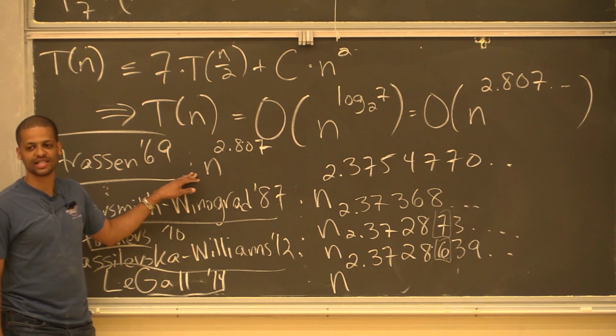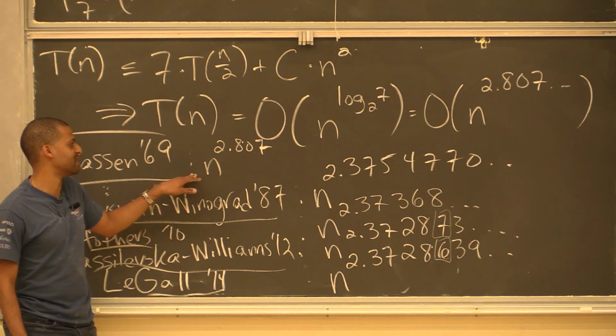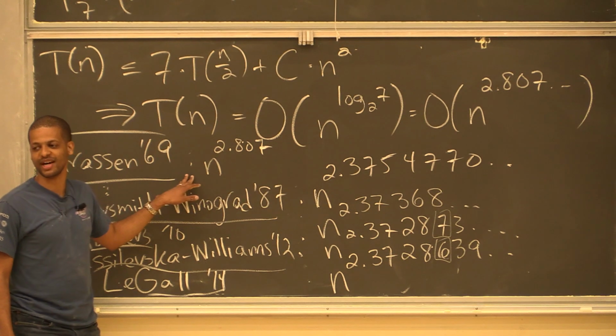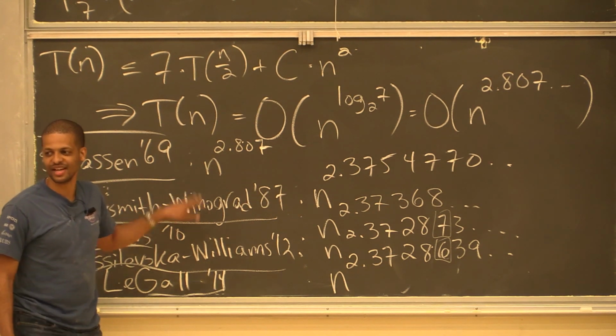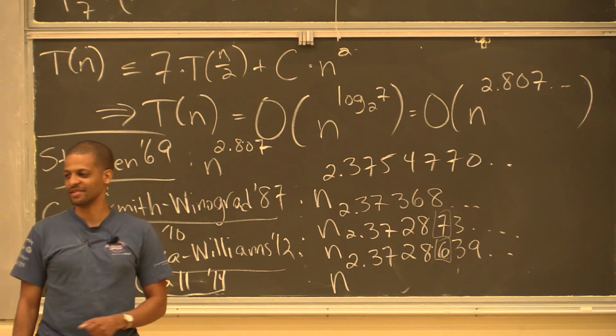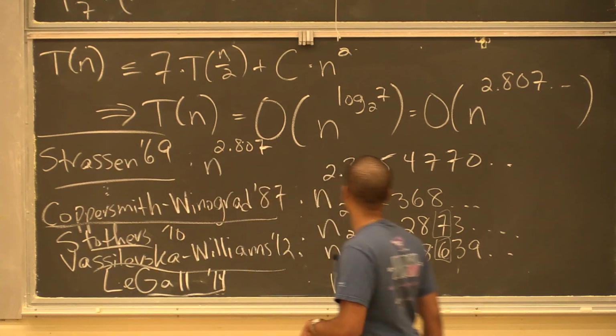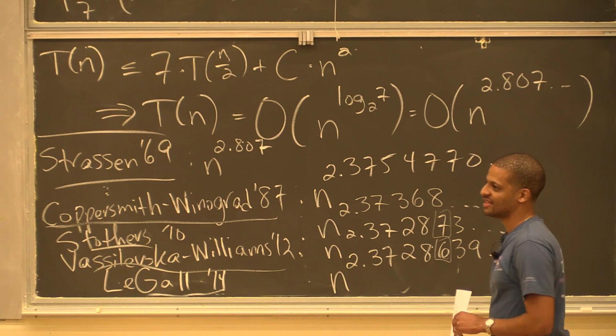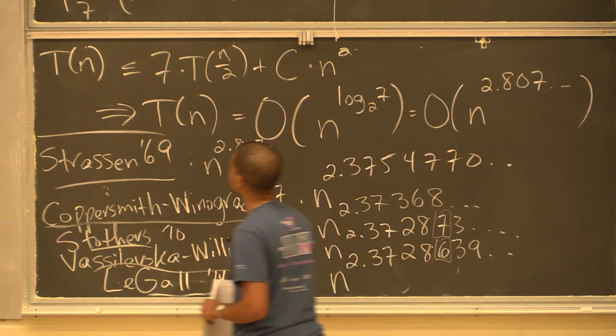Once you go beyond Strassen, the constants are very large. And even there, I think a lot of packages don't even use Strassen. They just use some optimized n-cubed algorithm. So unfortunately, this hasn't had that much practical impact. But yeah, that's where we are.